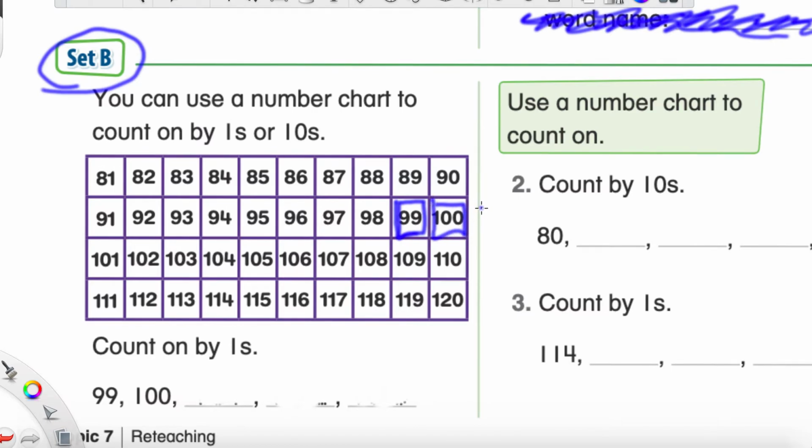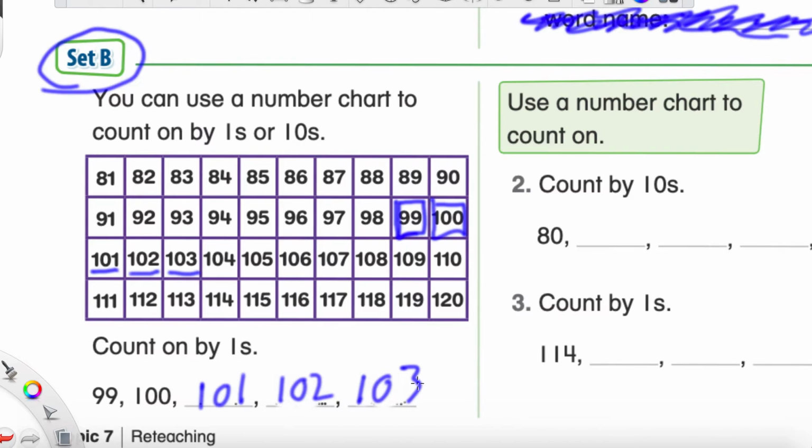Once you get to the end of the row, to keep on counting, you drop down a row and go back to the beginning, all the way to the left. So our next number is 101. After that, we have 102. And then our last number is 103. All right, and that's it.